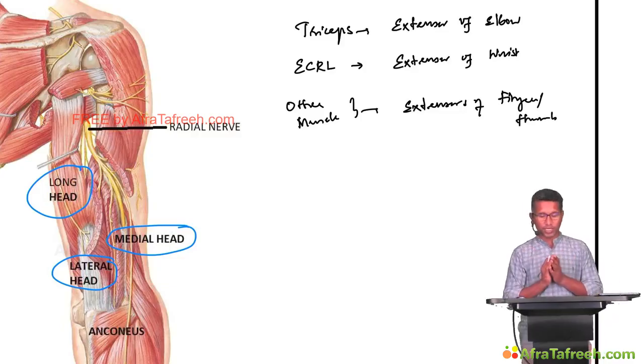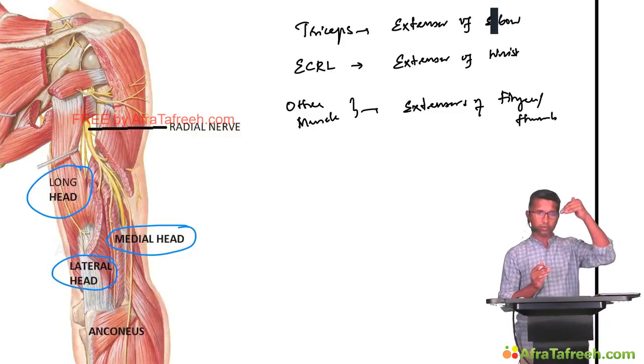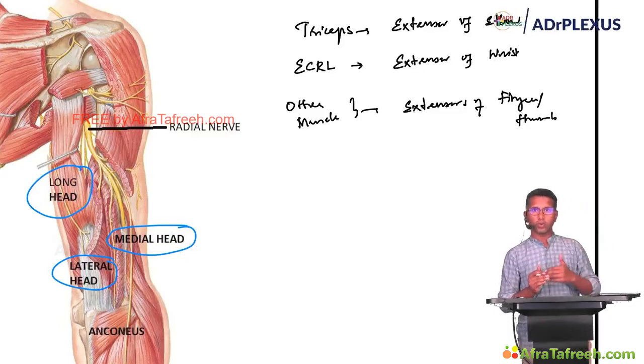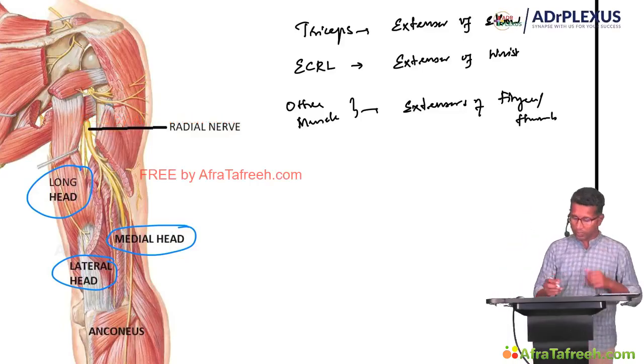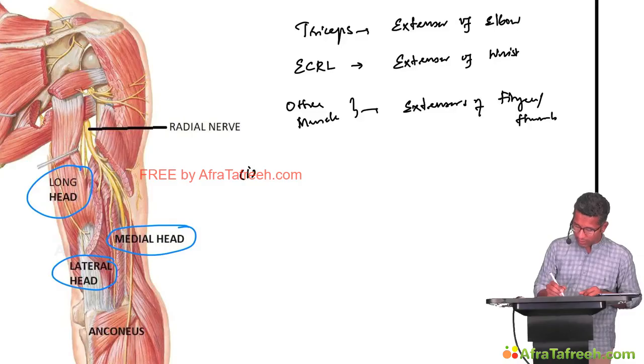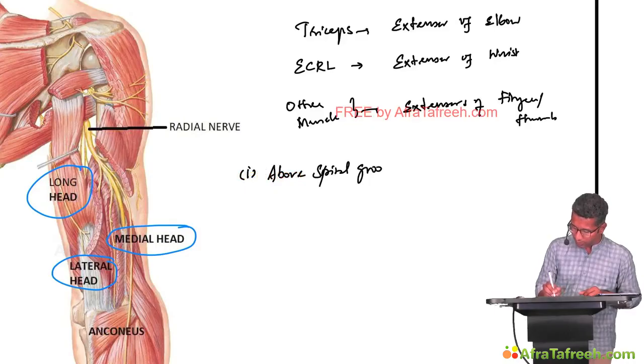Now when you see the radial nerve running from the axillary region down to the elbow region, how does it supply? First, the supply above the spiral groove. You can see the spiral groove here.